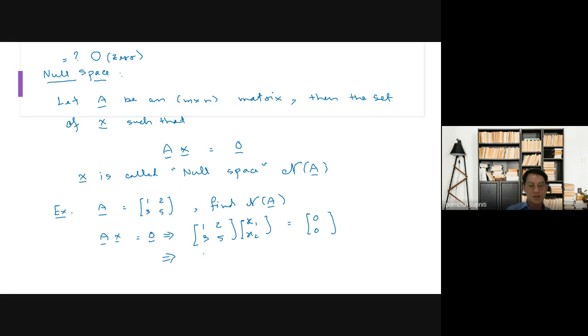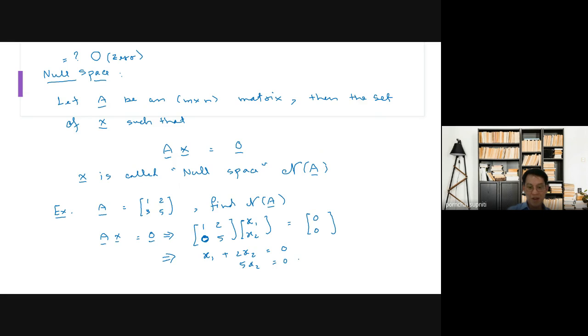The first equation is x1 plus 2x2 equals 0, and the second equation is 3x1 plus 5x2 equals 0.